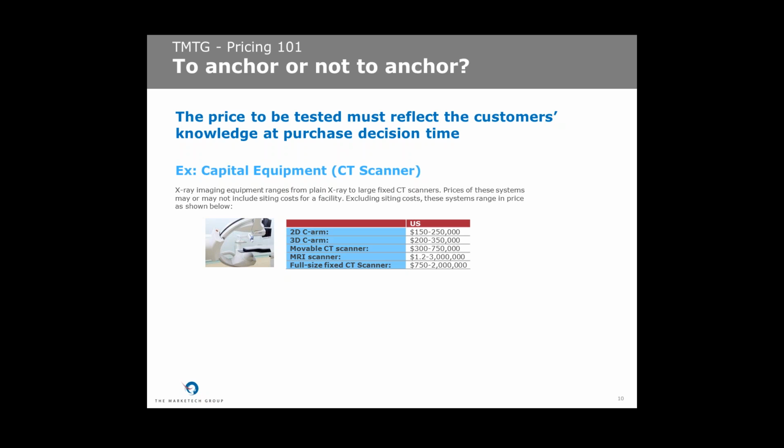You can anchor them by saying the competitive offerings, for instance, a 2D C-arm might be 150 to 250,000, whereas a full-size fixed CT scanner might be $750,000 to $2 million. And might remind them that these are prices excluding siting costs and other details that you provided to help ground them and give them an anchor from which to assess your offering.